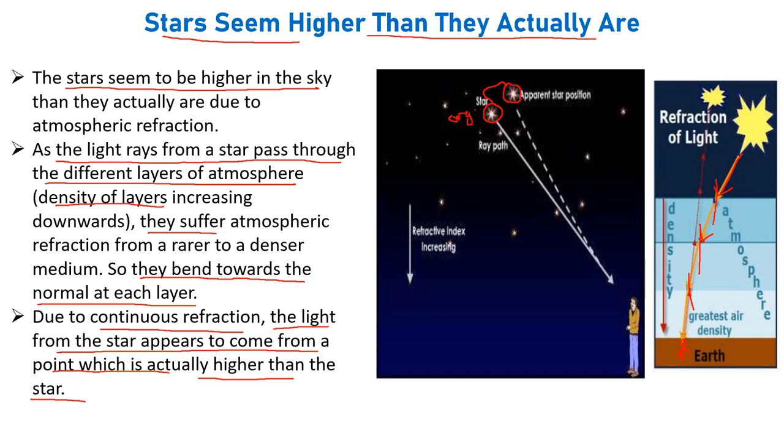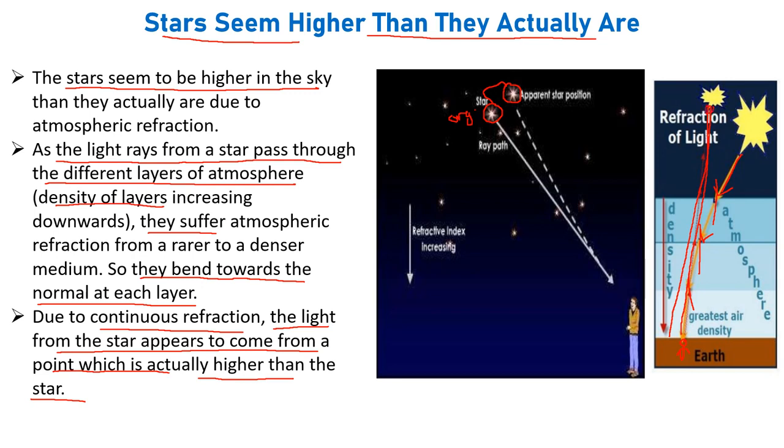So what is happening? Our brain is looking at the star over here, where the two rays emerging from the star are getting joined.